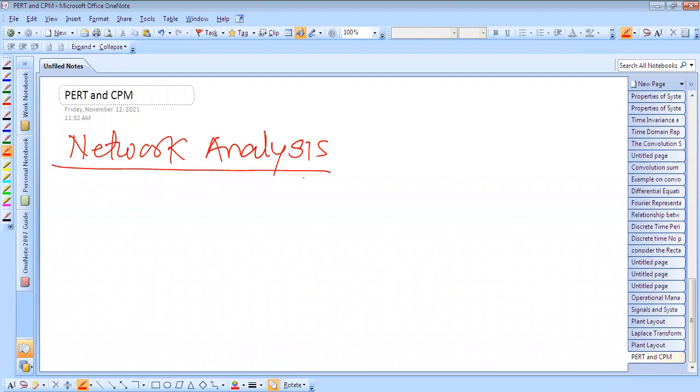Once you do the network analysis, that analysis can be used for planning your projects. This method was generally recognized in the year 1955, and since then it has been in use.